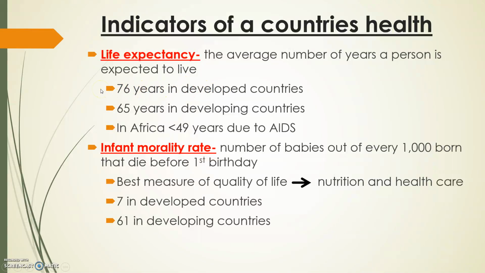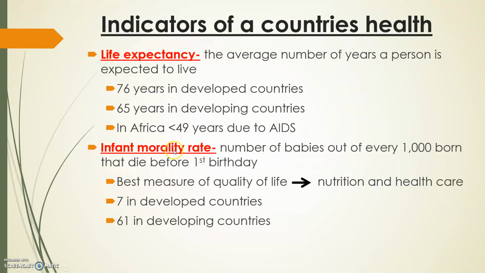That's pretty much what you guys are expected to live to. If you live past 76, you're in the money. In developing countries, notice it is a little bit shorter at 65, and especially in Africa as a continent, the average is a little under 49 years. That's usually due to things like AIDS and other diseases.